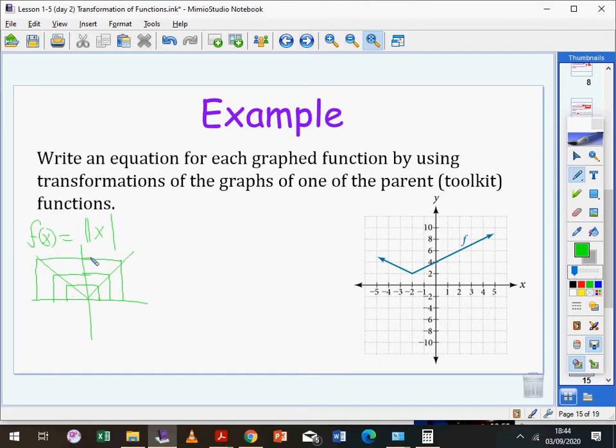Its slope was 1. This one, its origin was here. It's been moved 2 units to the left, 1 unit up. So I know that moving 2 units to the left is x plus 2. Moving 1 unit up is plus 1. But there's something missing here, because the slope of this new graph is no longer 1. It is instead a half.